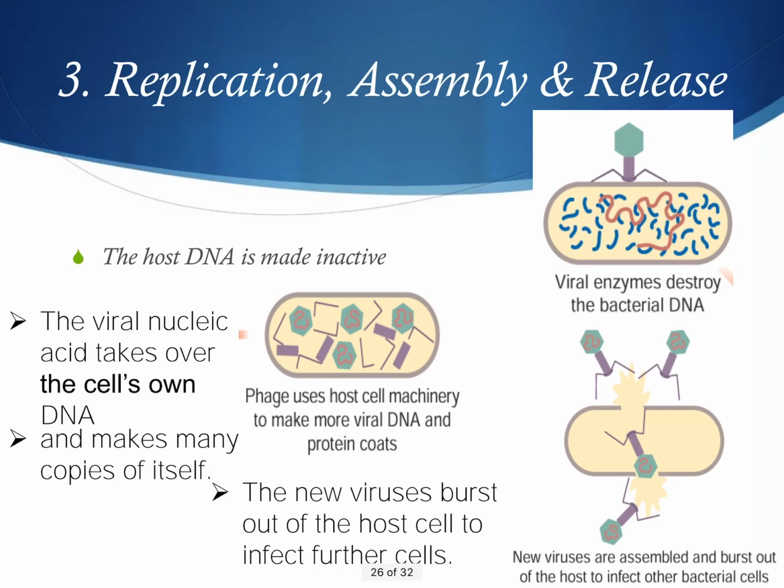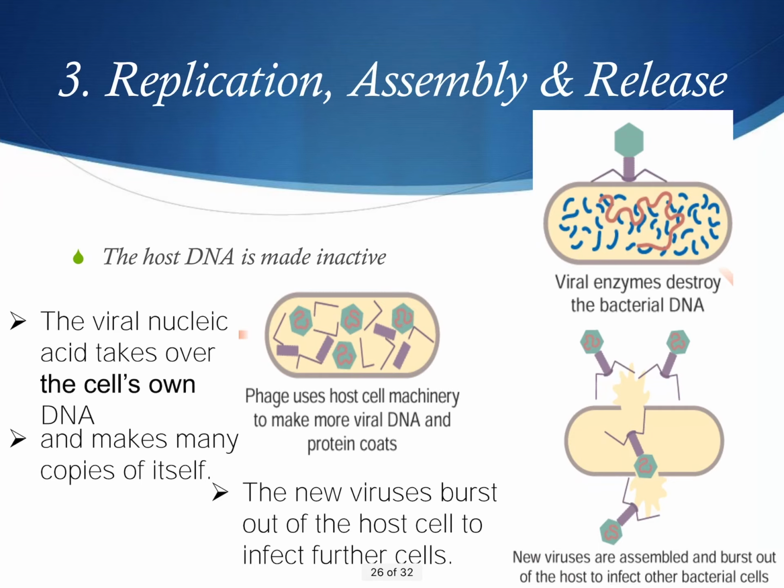And then the viral nucleic acid takes over. So the RNA that was injected in takes over the cell's organelles. So it takes over the ribosomes, and it makes protein for the virus itself. It takes over the mitochondria to produce energy, and it makes copies of its own RNA. So the viral RNA is copied, not the host's DNA. That's made inactive. And the viral RNA is copied inside in the host cell.